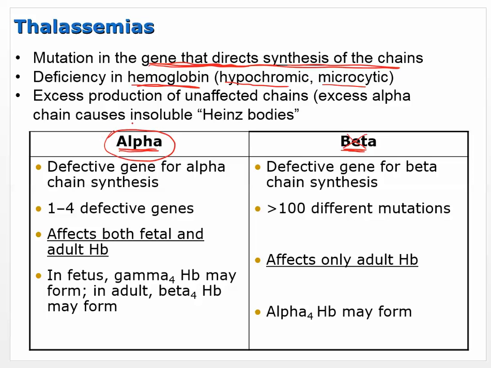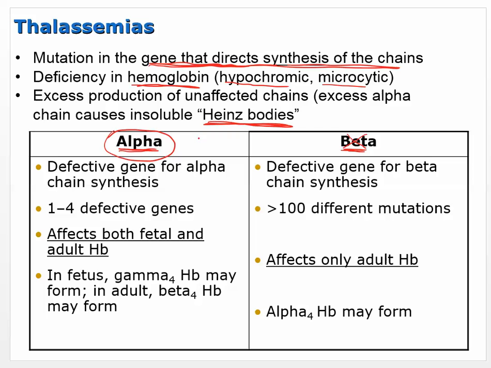Now, the buildup of alpha chains can cause something called Heinz bodies, which you can actually identify in the blood. And so you can see whether this is an alpha or a beta thalassemia by the presence of these Heinz bodies.